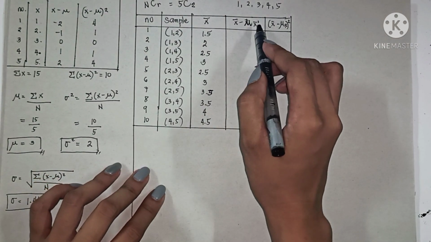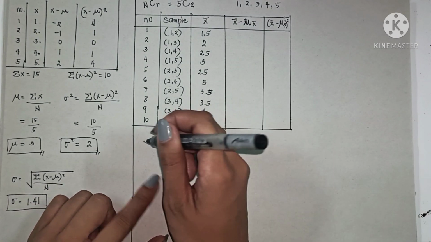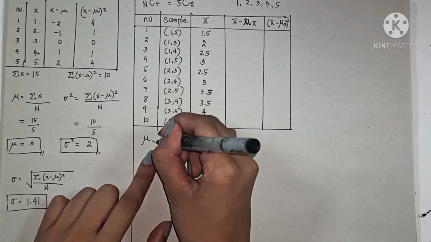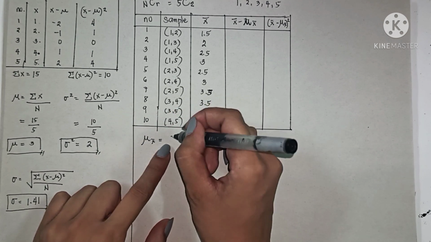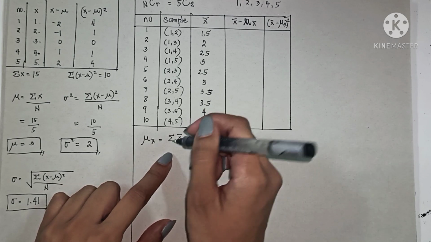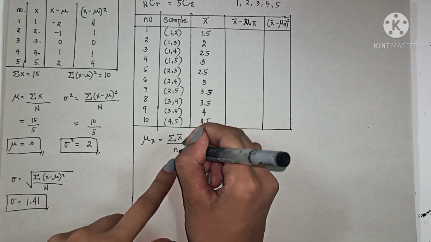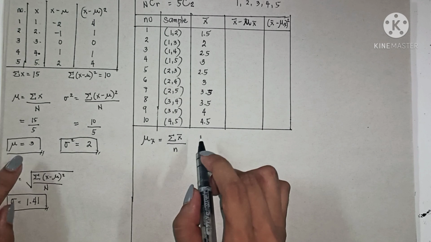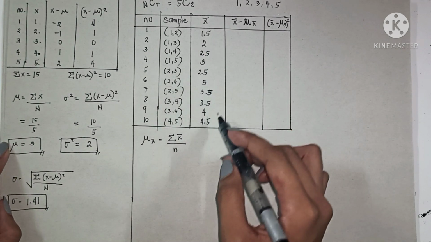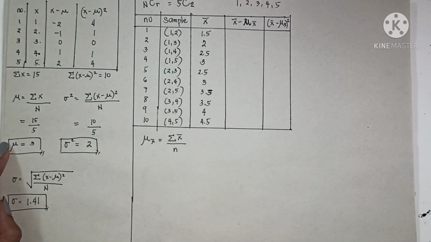So to find this mu sub x bar or the mean of a sampling distribution of means, our formula, okay, so mu sub x bar is equal to the summation of x bar over n. Summation of x bar over n. X bar is ito, nakuha natin na means. And yung n is the number of observation.